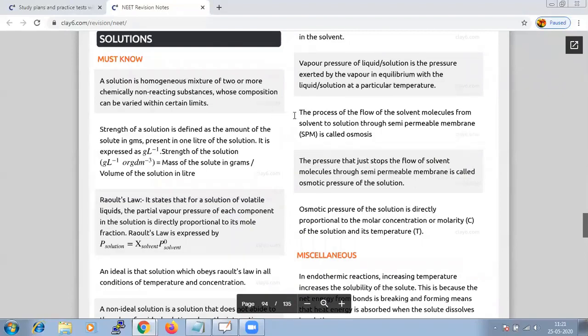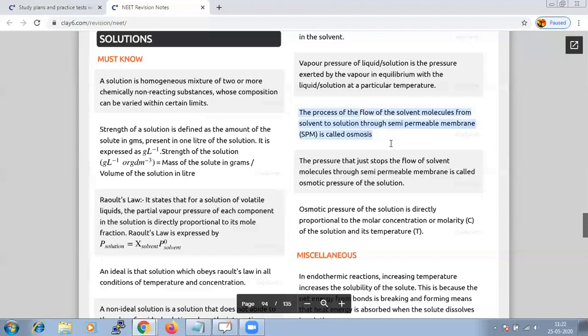The process of the flow of solvent molecules from solvent to solution through a semi-permeable membrane, we call osmosis.